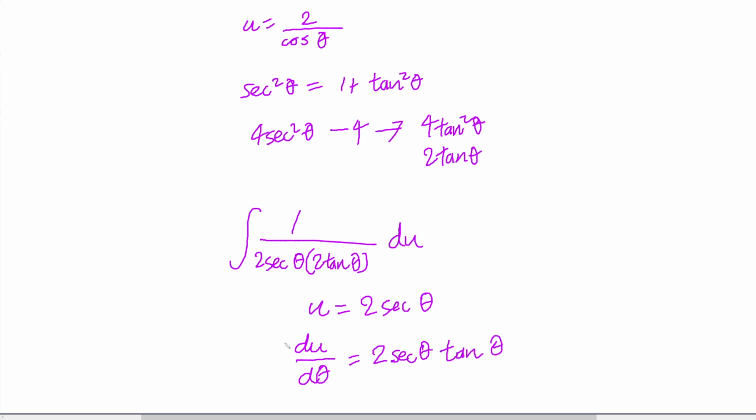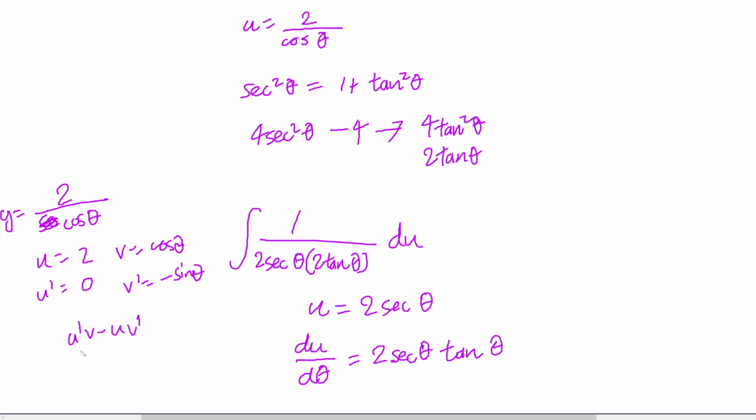In fact, this differential comes from the quotient rule. So if you take y equals 2 over cosine theta, which is essentially what 2 sec theta is, your u is 2, u prime is 0, v is cos theta, v prime is minus sine theta, and it's u prime v minus u v prime all over v squared, which is cos squared theta on the bottom.